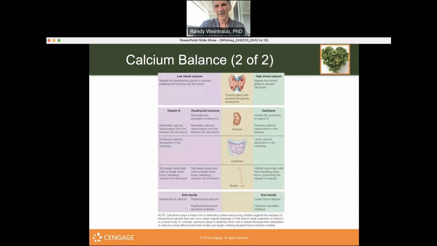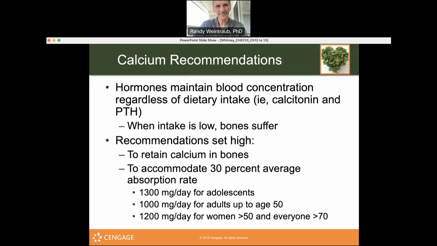So we can see a number of organs involved in blood calcium balance, including blood, kidneys, intestine, and bone. The recommendations are set high often.